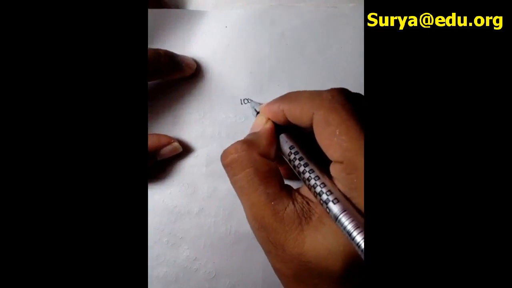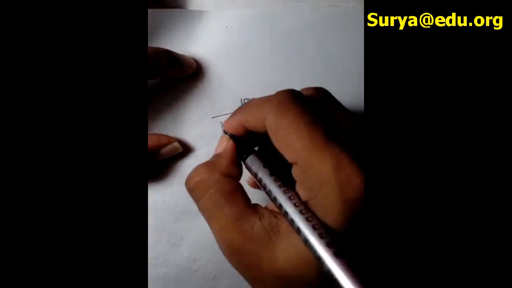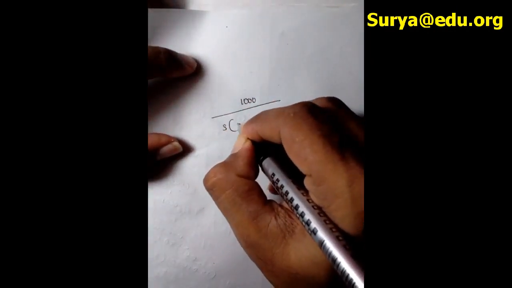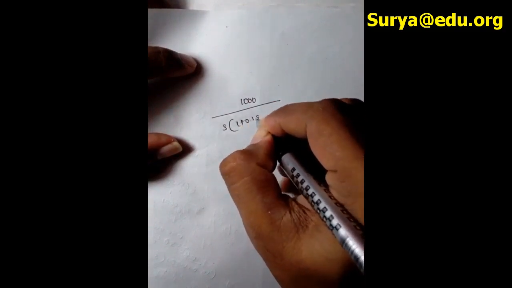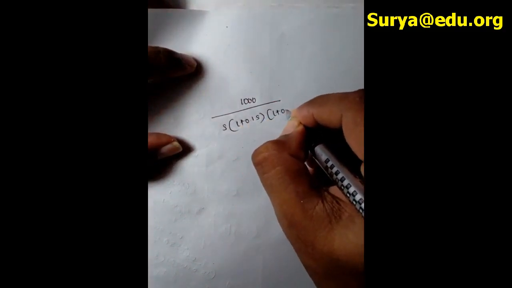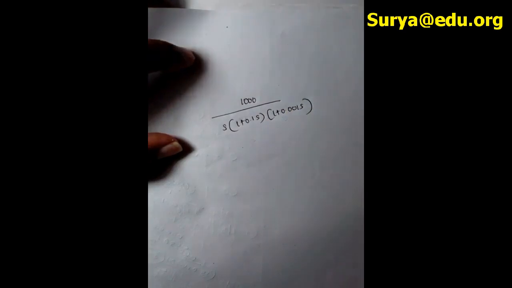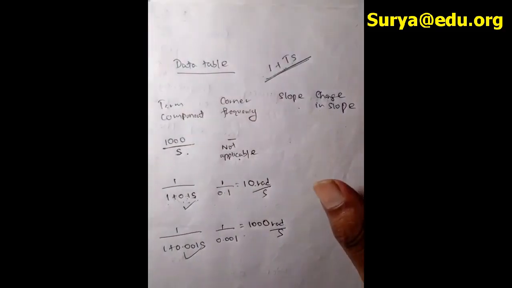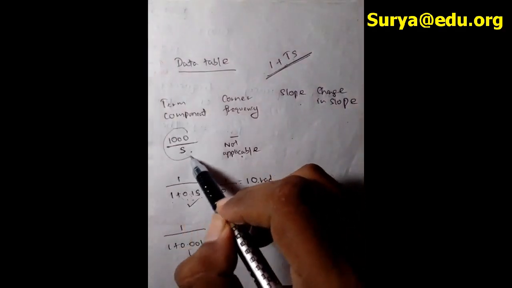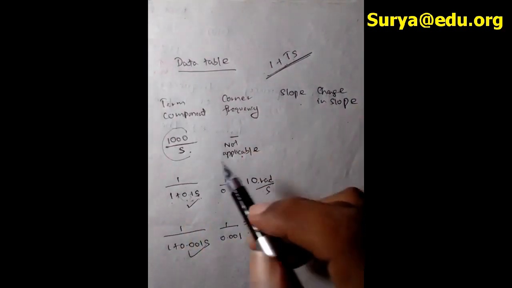This is our corner frequency. This is our transfer function, 1000 over s times 1 plus 0.1 s times 1 plus 0.001 s. Okay, so now I will tell you how to get the slope. Okay, so now what is the first component that we have? This. Okay, so now focus.